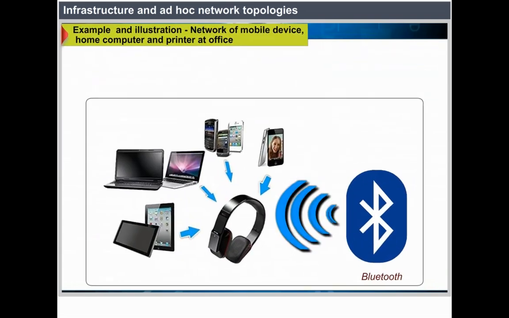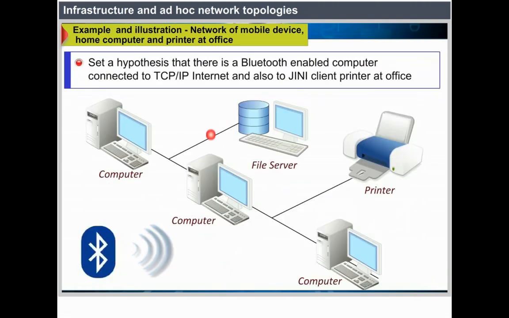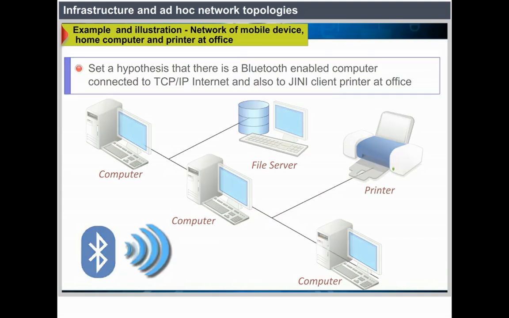Example: network of mobile device, home computer and printer at office. A Bluetooth-enabled mobile device, a Bluetooth-enabled computer, and internet with Wi-Fi connection at home. Assume that there is a Bluetooth-enabled computer connected to TCP/IP internet and also to a JINI client printer at office.